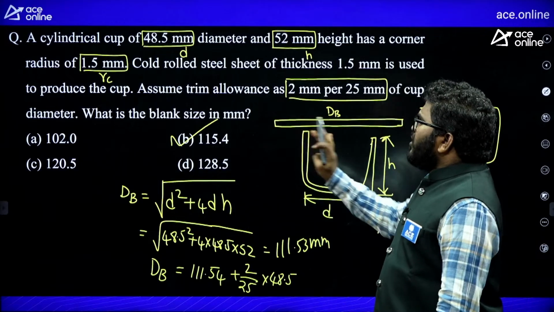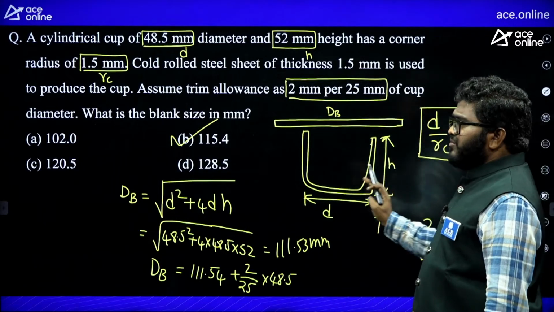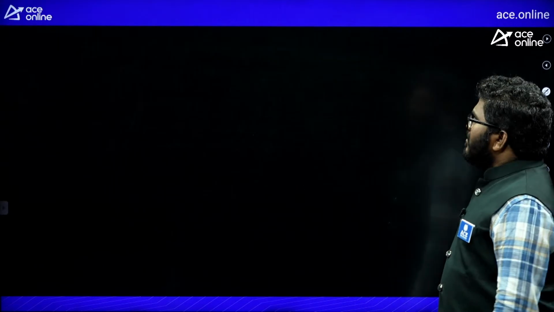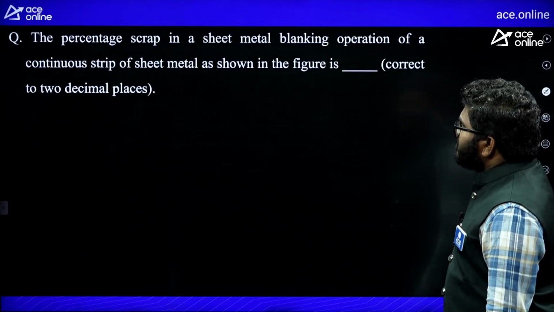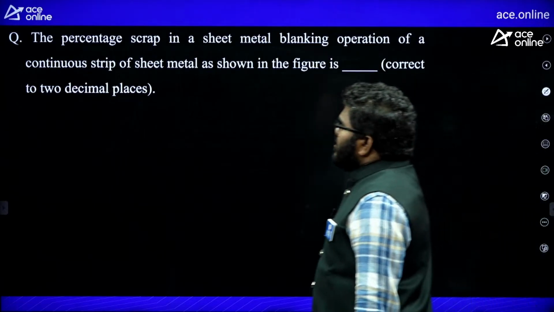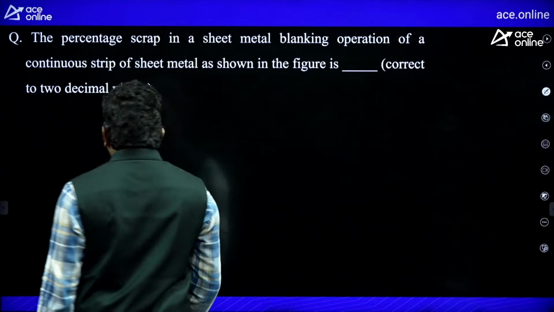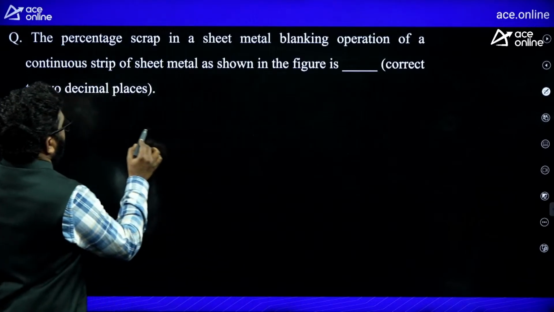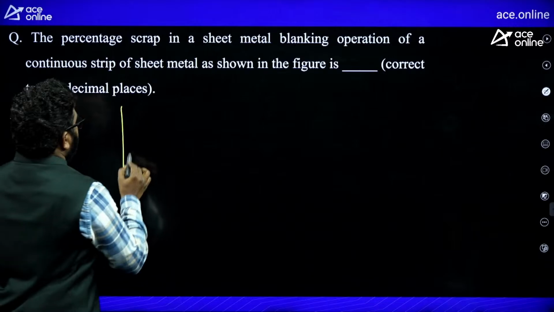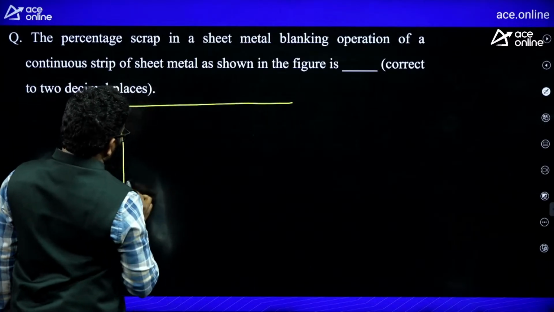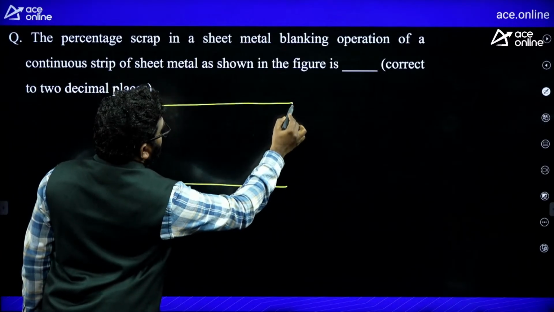Okay? Simple question. This type of question is what they will ask you in the exam. Right. Now, listen, for percentage scrap I will frame a question and a diagram. Listen, this is a sheet.